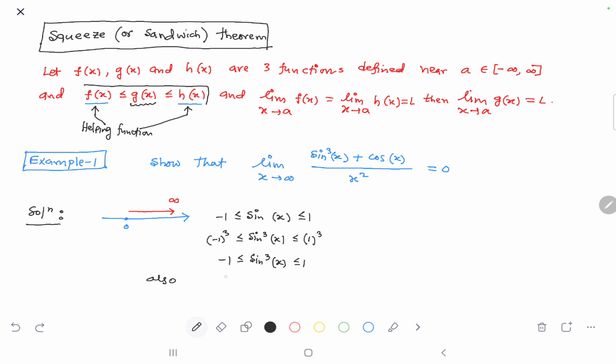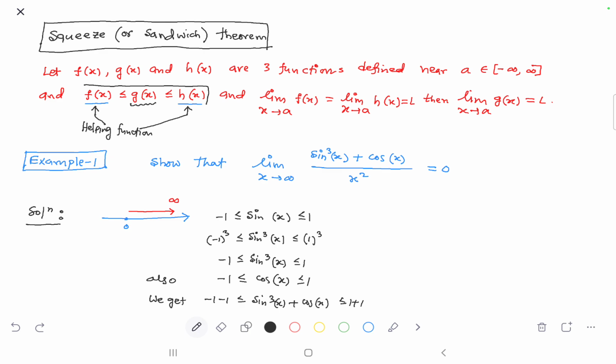Also, -1 less than or equal to cosine x less than or equal to 1. Now add these two. So we get -1 less than or equal to sin cube x plus cosine x less than or equal to 1 plus 1. Is this line okay, Mayan?